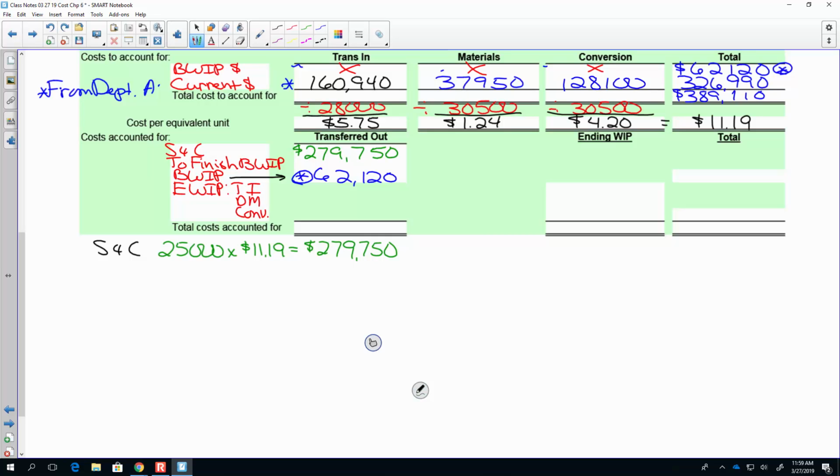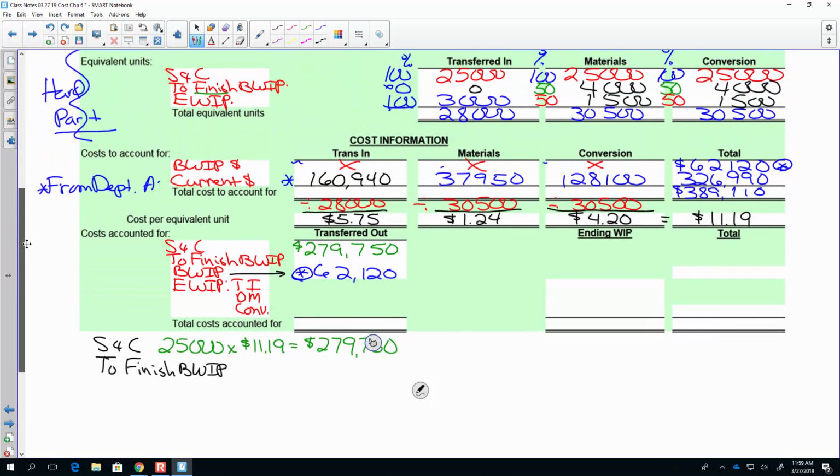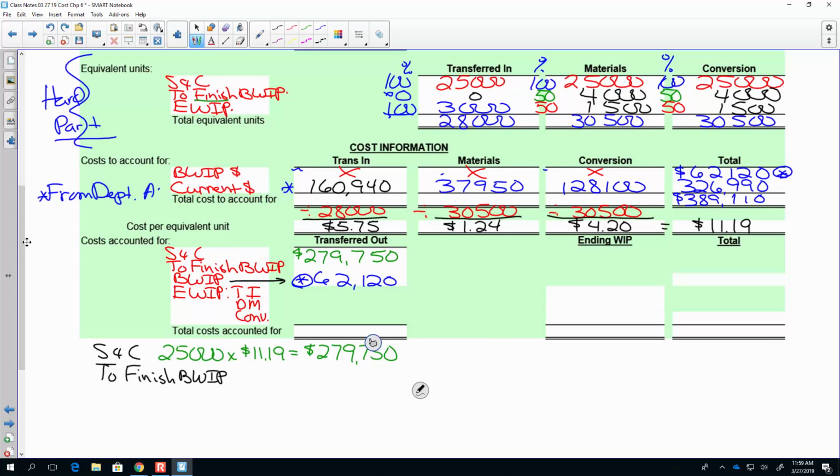And then to finish my beginning WIP, I got actually nothing here, right?